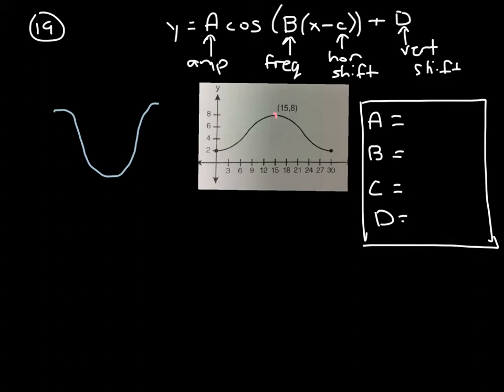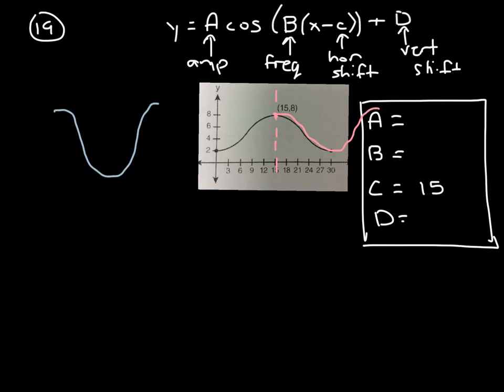This would be the high point, and from here you could see it's dropping down low, and then it would eventually come back up high. So because the curve is starting off high here, this is really where our horizontal shift is, which you could see is at 15. Okay, so the horizontal shift, which is C, is going to be 15. Okay, we're starting 15 units to the right.